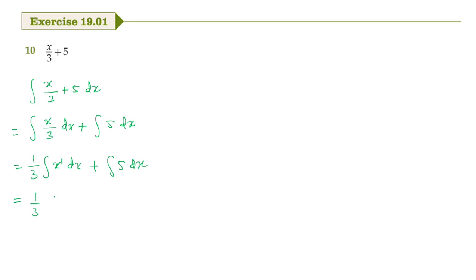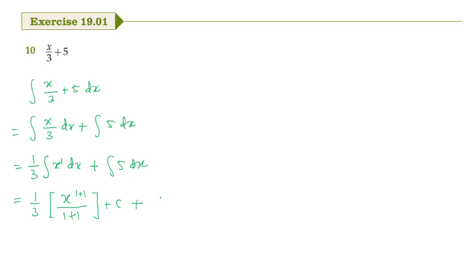Power 1, so therefore you will add 1 to your power. So you will have x power 1 plus 1 divided by the new power 1 plus 1. So put plus c.